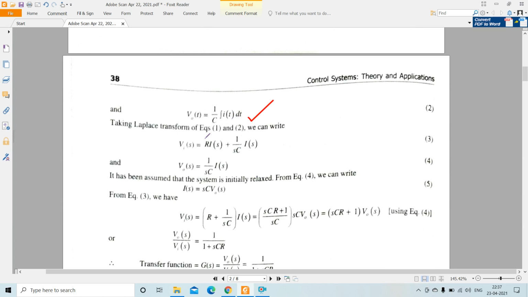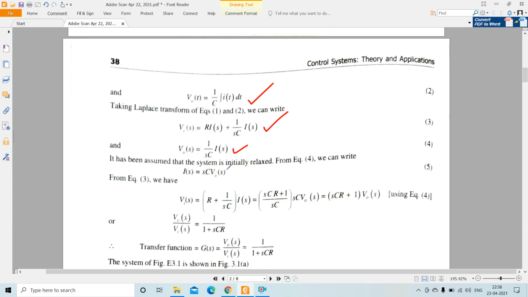So we have to take the Laplace transform of the above two expressions. So Vi(s) is equal to R into I(s) plus 1 by sC into I(s). This is the Laplace transform of 1 by C integration i(t) dt, and the Laplace transform of the second loop equation is V0(s) is equal to 1 by sC into I(s).